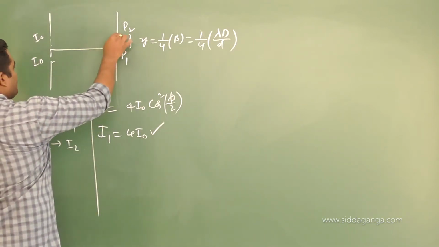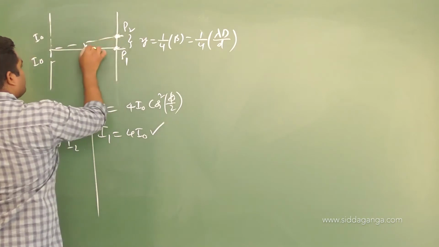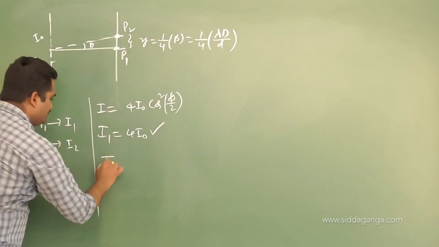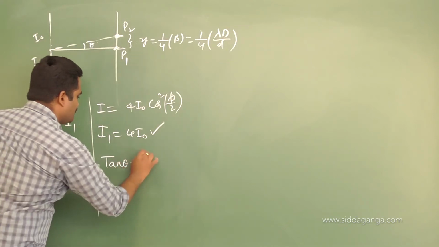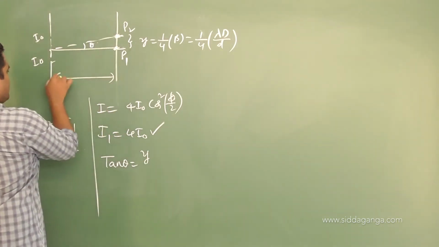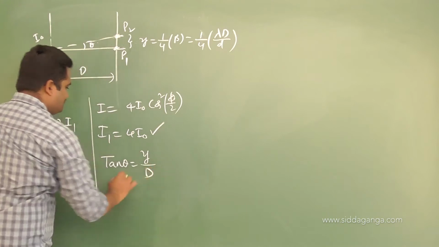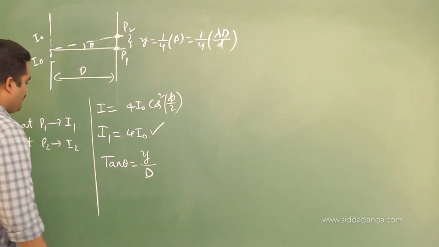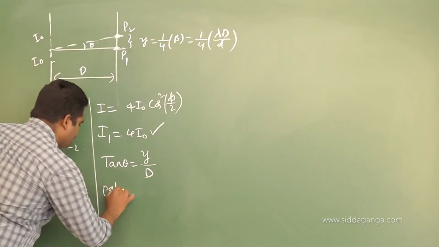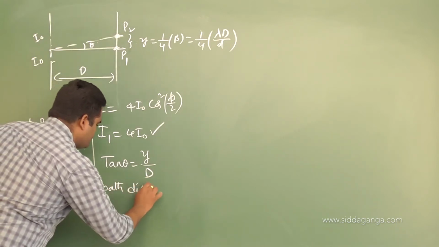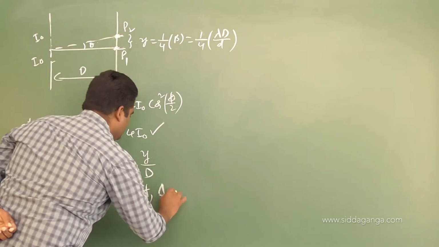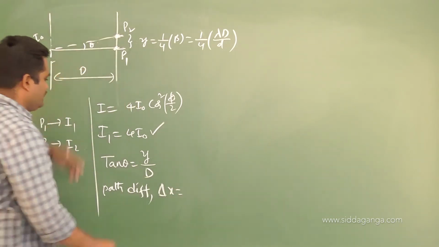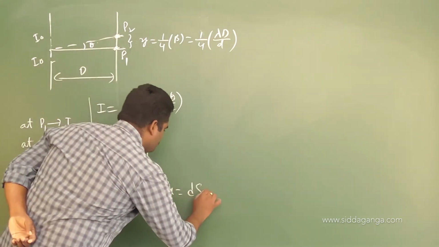For any wave coming to P2, say this angle is theta and this distance is y. Here tan theta equals y divided by capital D, the distance to the screen. Just some mathematical calculation we are doing here. Tan theta equals y by D. But the path difference formula we have written is delta x equals d sin theta.